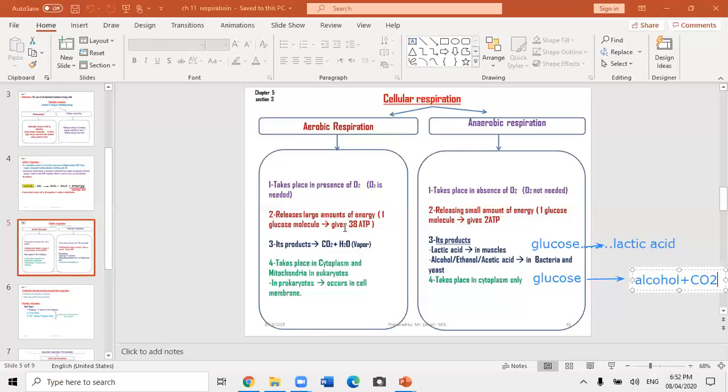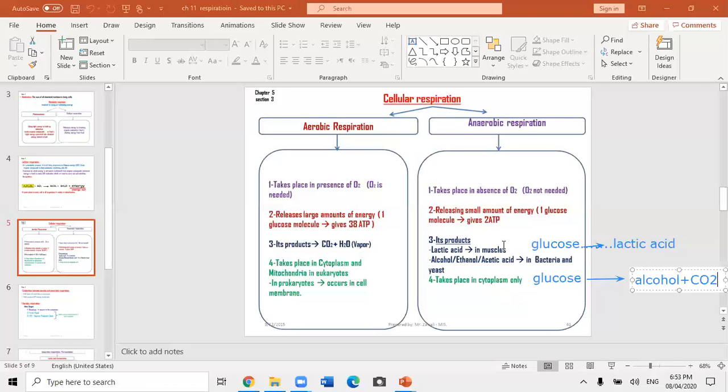As you can see, only CO2 and H2O are made in aerobic. Whereas in anaerobic, the result in muscles, in humans, is that glucose will be broken down into lactic acid, whereas for bacteria, anaerobic respiration results in alcohol and CO2. Sure, no alcohol will be produced by muscles.